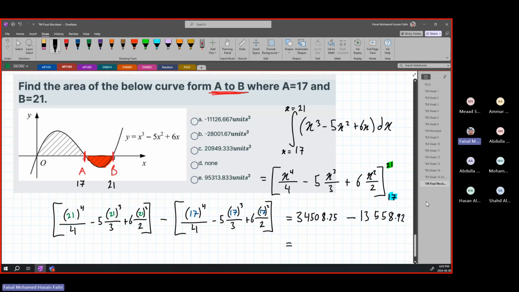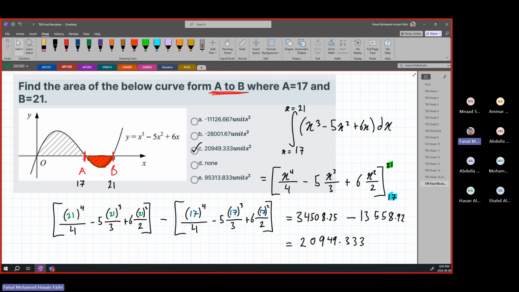So we just subtract this from that, 34508.25 minus that, which is equal to 20949.333, which is simply your C answer.